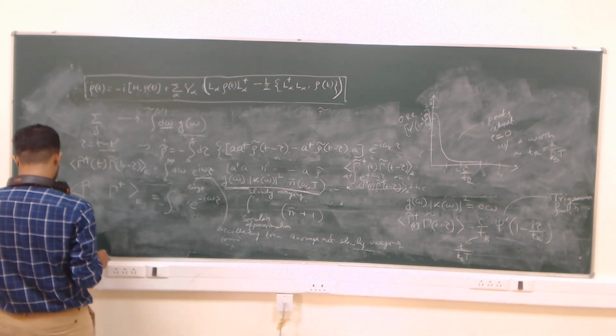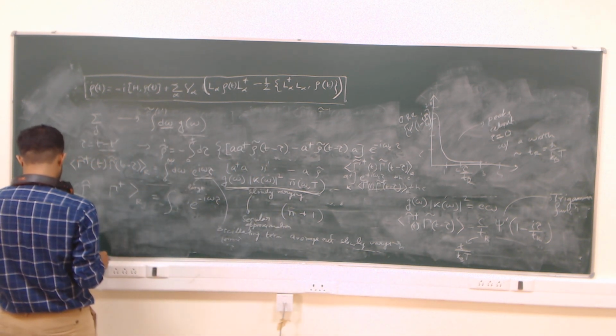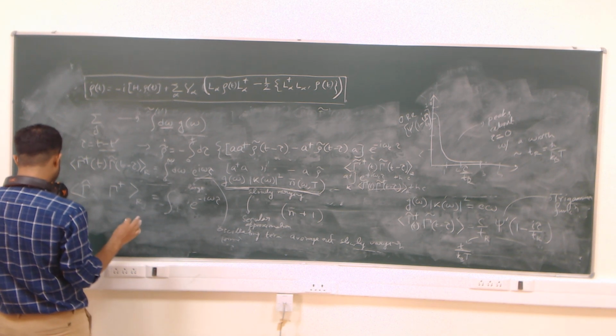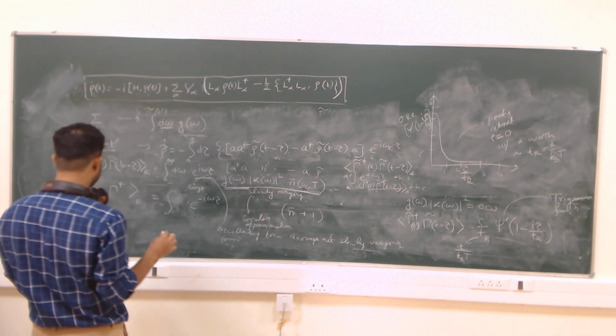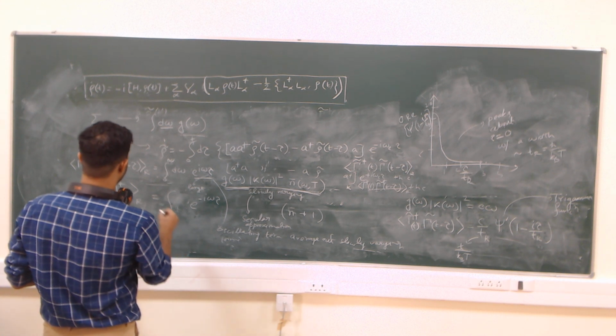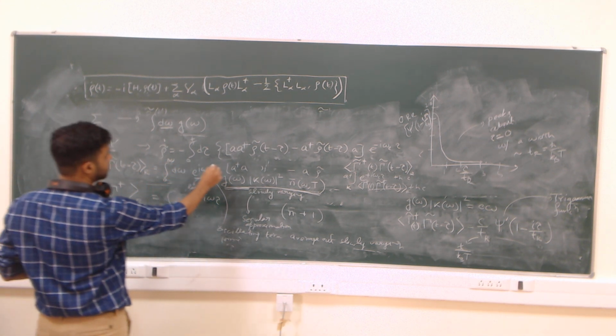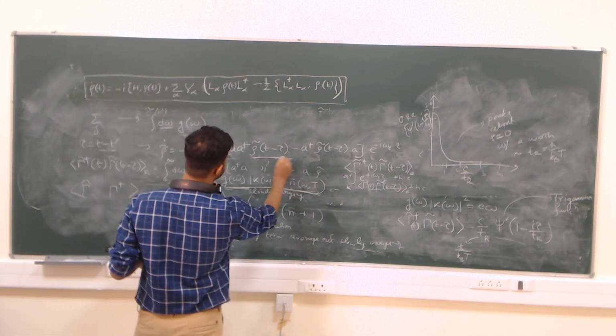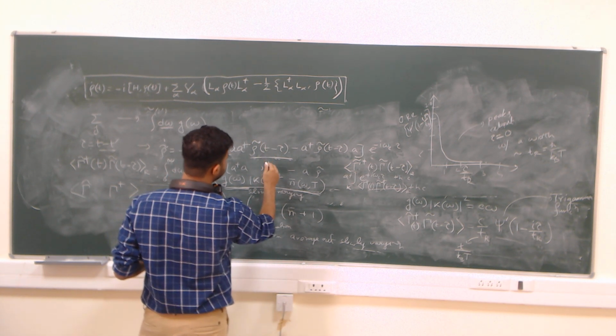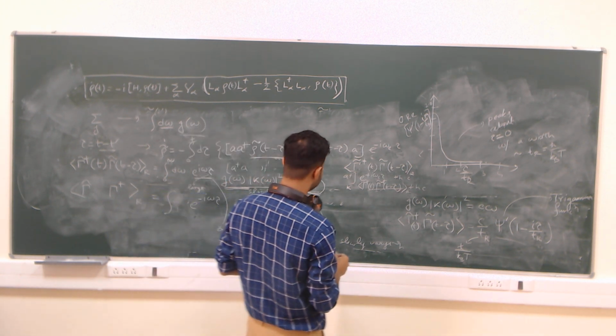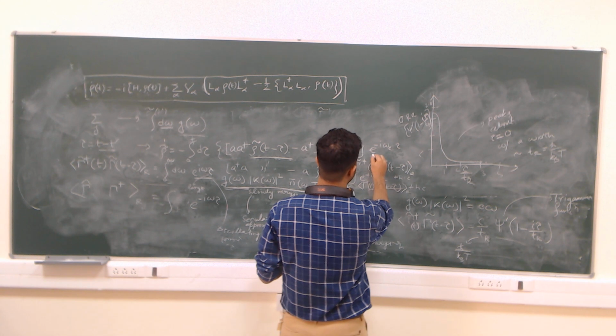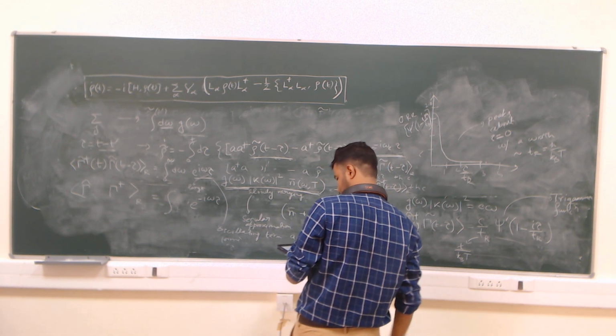Now, these reservoir correlations are integrated against two time dependent terms. One is this rho tilde of t minus tau, and another is this e to the power minus i omega_c tau.